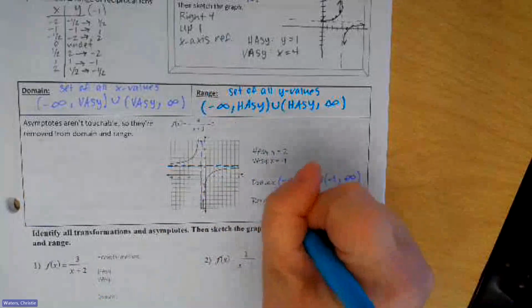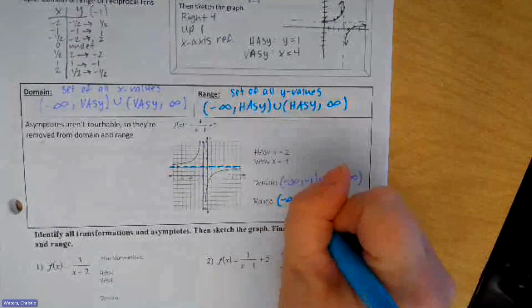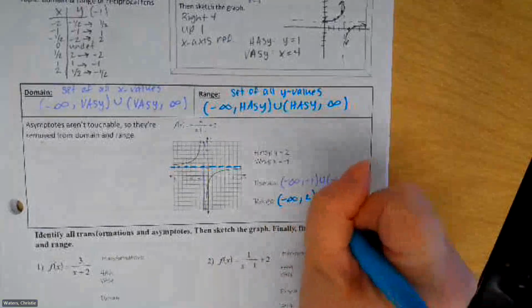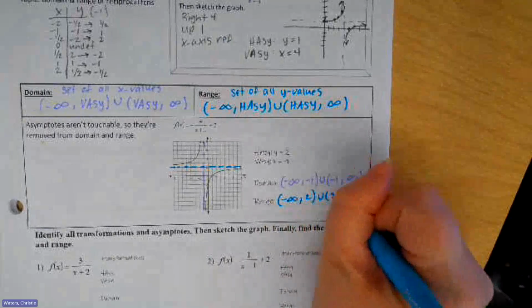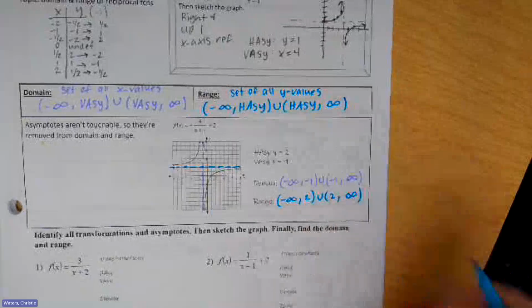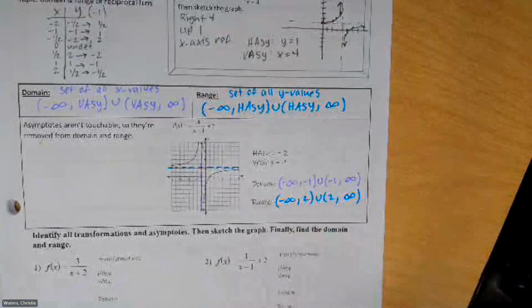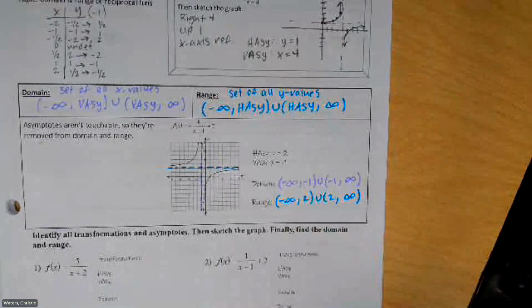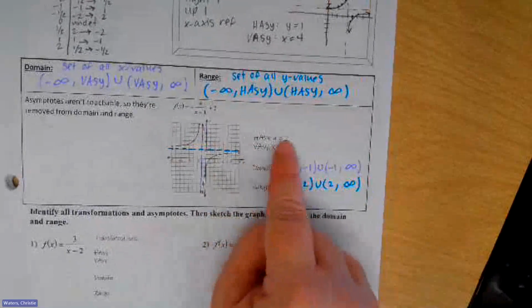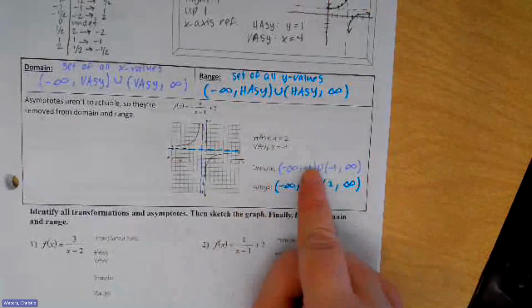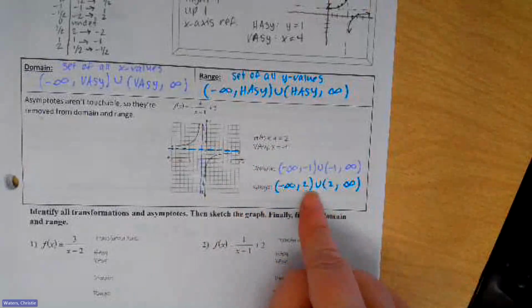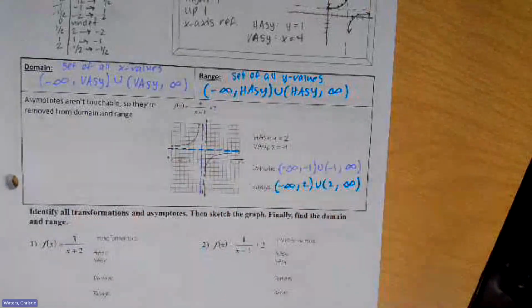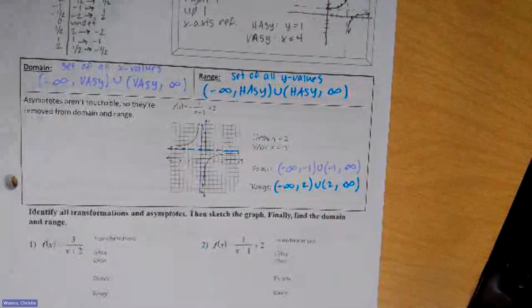So the range of this graph is -infinity to 2 and 2 to +infinity. Now, one thing you might notice is that the numbers for the HA and the VA are the same numbers we have here for domain and range. So you're going to start to see some of those patterns, which is great.